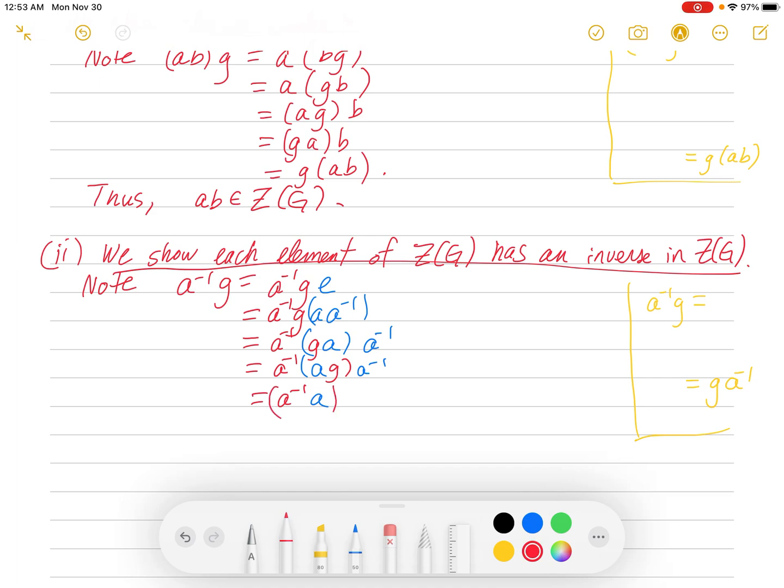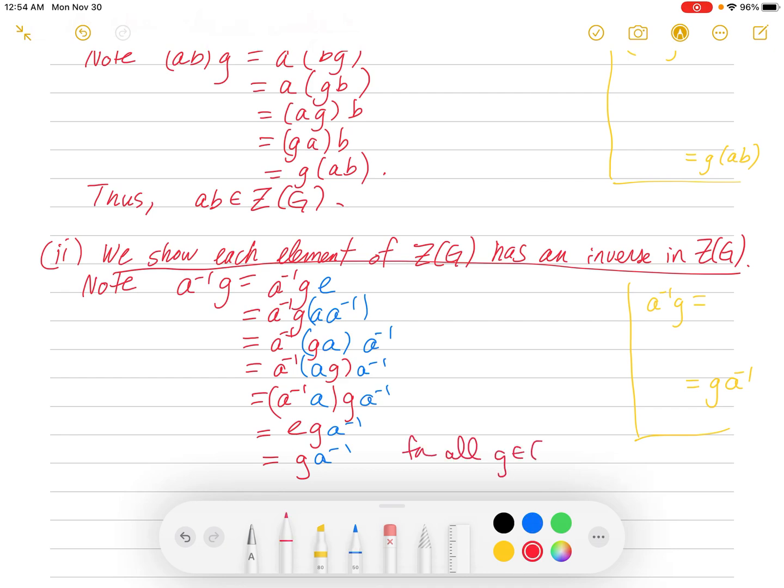Now I can reassociate. I get a inverse a in parentheses together, and g a inverse out there. Now a inverse a is going to give me the identity. So I'm going to have the identity g a inverse. In other words, I'm going to have g a inverse. And that's what we wanted to show, right? We wanted to show that a inverse g is g a inverse.